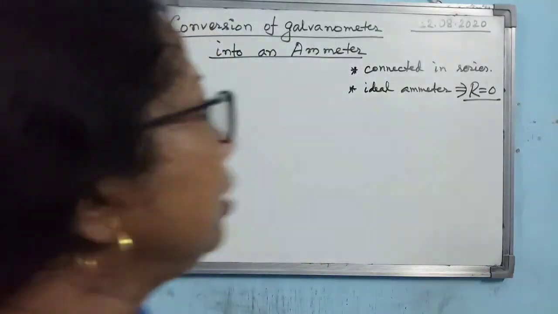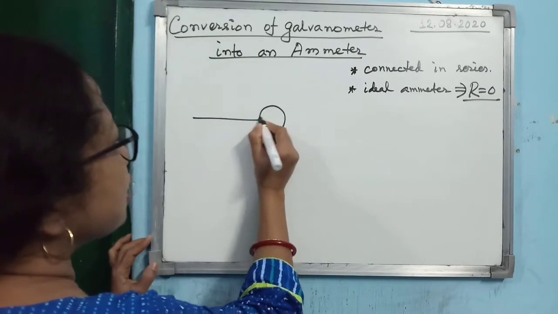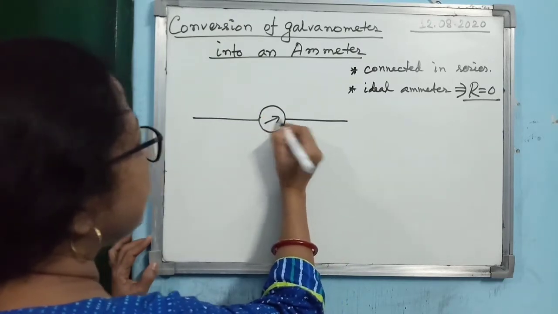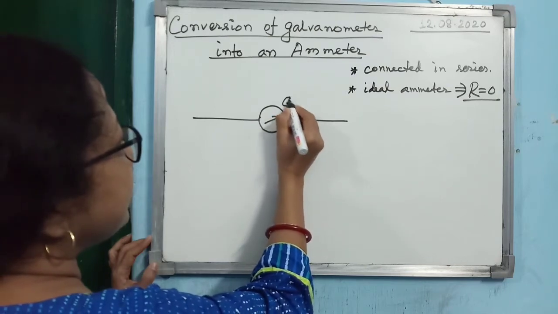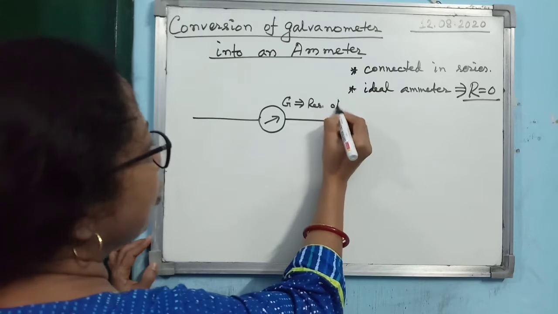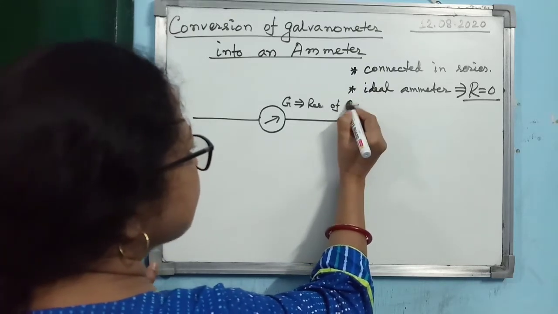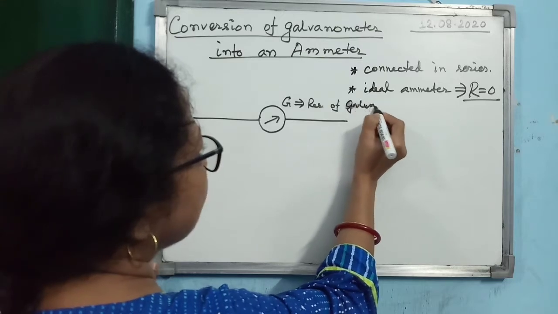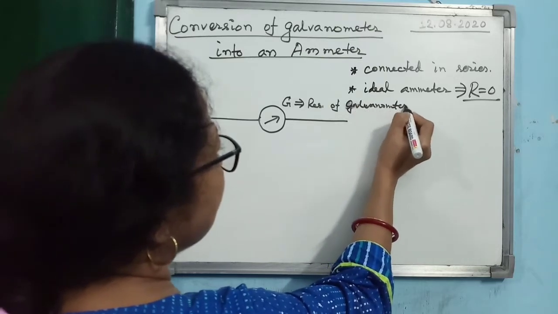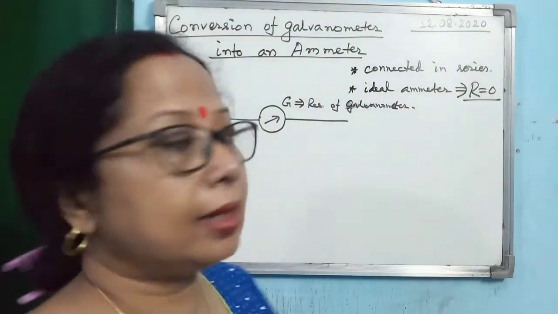Alright, now you consider that there is a galvanometer. So suppose there is a galvanometer here. We are considering G to be the resistance of the galvanometer. Alright, that you have, and you have to convert it into an ammeter.